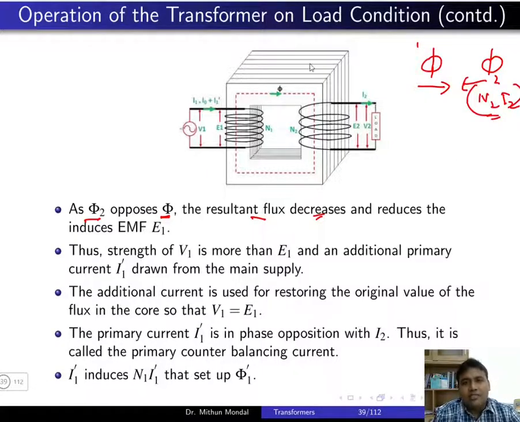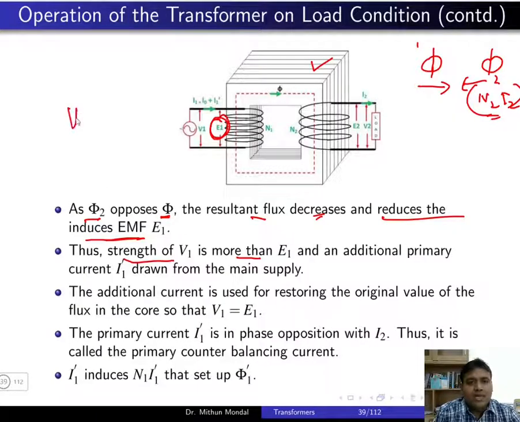So the net flux in the core is now decreased when you connect a load in the transformer secondary, and hence it reduces the induced EMF E1. So E1, the induced EMF in the primary winding, will reduce because the flux has now reduced. Thus V1 is more than E1.